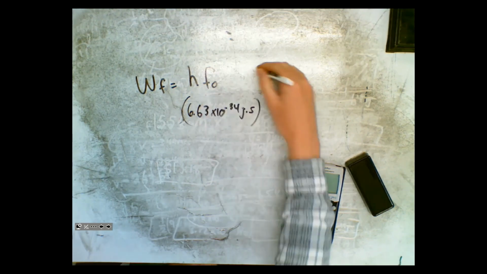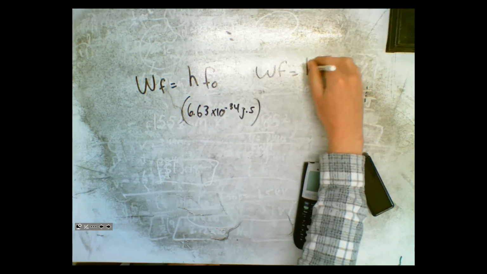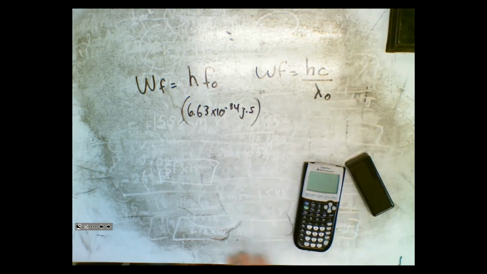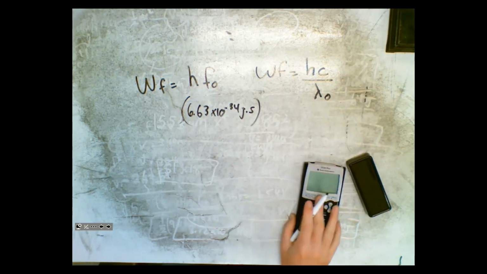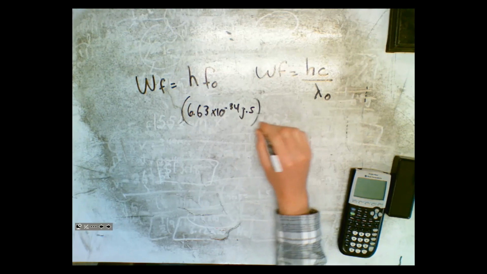I wrote down the wrong formula. It should actually be work function equals hc over lambda, with a threshold wavelength, because they give us a wavelength.